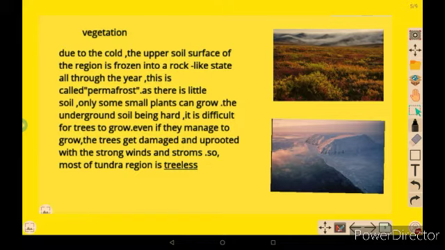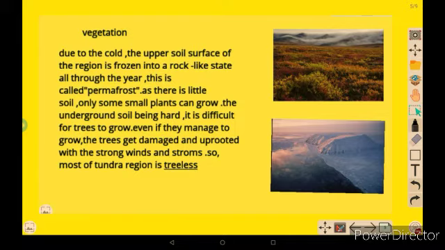So the soil is a little bit fertile, not very fertile. It has a little bit of soil, so the small plants can grow there, though the underground soil is hard. But the trees cannot grow there, because if they manage to grow, they will be damaged and uprooted by the strong, cool winds and storms blowing, not the hot ones.